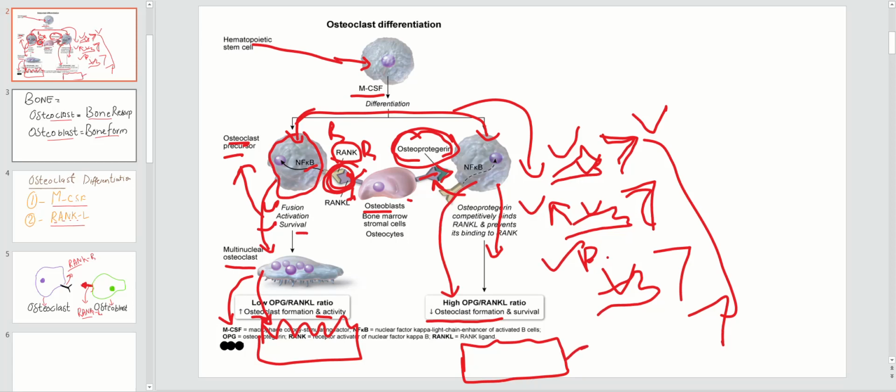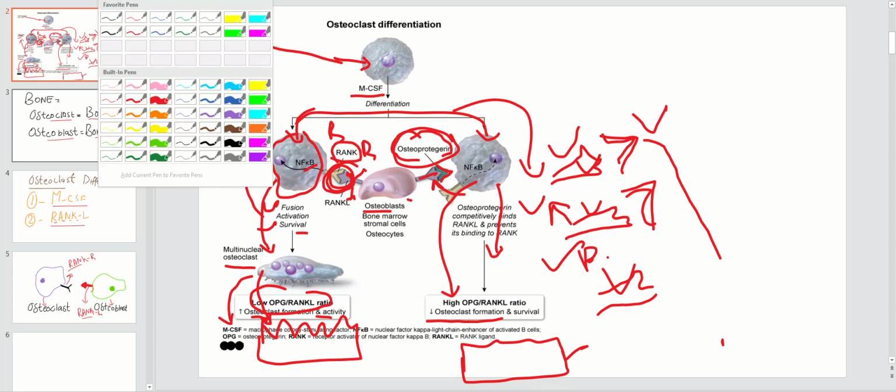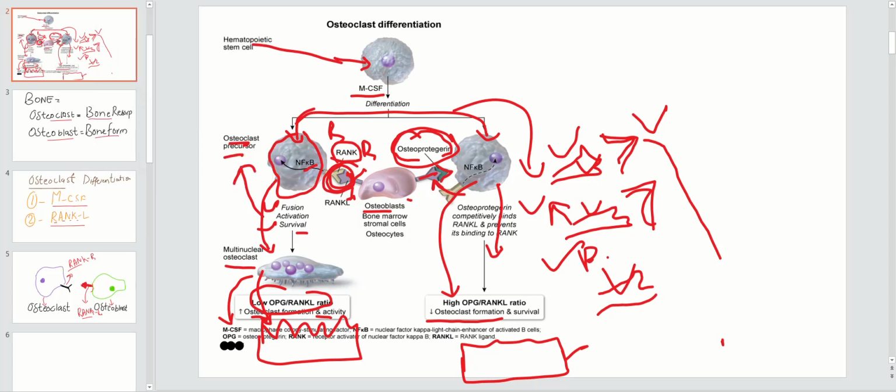On the other hand, if you have a low osteoprotegerin to RANK ligand ratio, now in this case what is happening? So I'm drawing over here, you have 3 ligands, these are RANK ligands, and you have 2 osteoprotegerin, which is the decoy receptor.